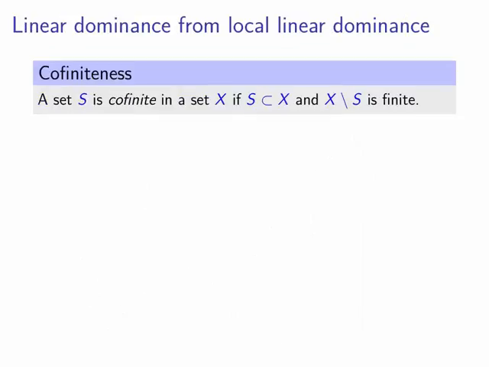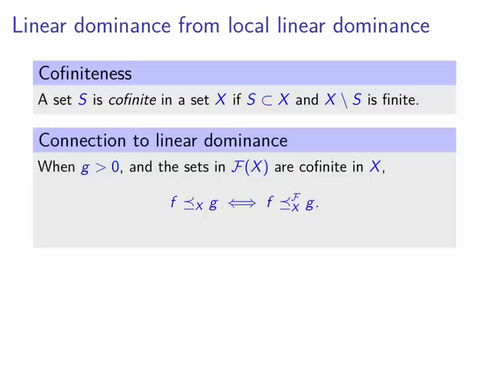We would like to connect local linear dominance with linear dominance. A set S is cofinite in a set X if S is a subset of X and the complement of S in X is finite. Here's a connection to linear dominance.